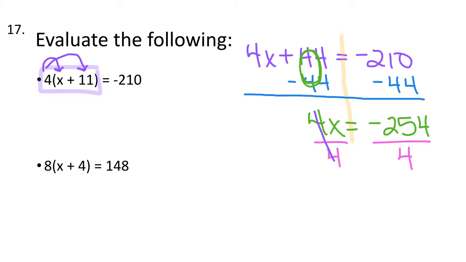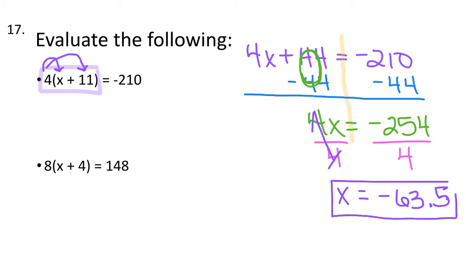The 4 over 4 divides out to 1, leaving us with just x. And that is equal to the quotient that's found on the right side. Negative 254 divided by 4 is equal to negative 63.5. Our x is found to be equal to negative 63 and 5/10.